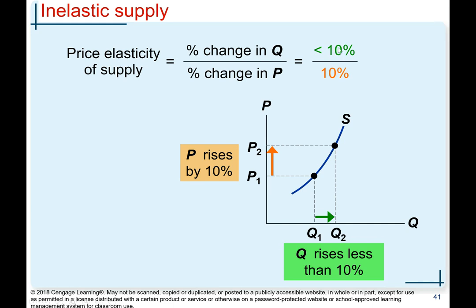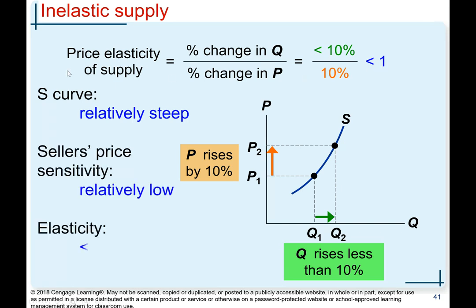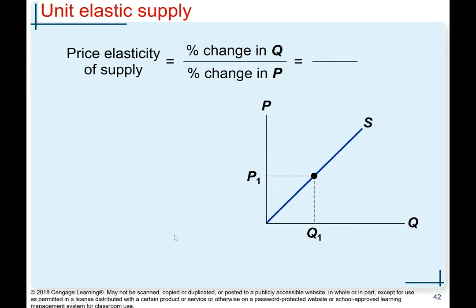So a number less than 10% divided by 10 will give us a number less than 1. So the supply curve is relatively steep. When the supply curve is relatively steep, seller's price sensitivity is relatively low. So we say supply is inelastic or relatively inelastic, and the elasticity coefficient is less than 1.